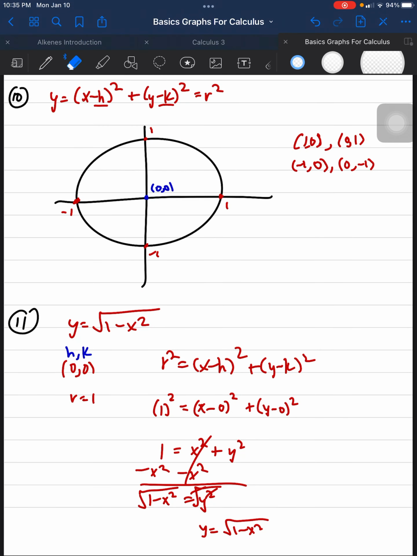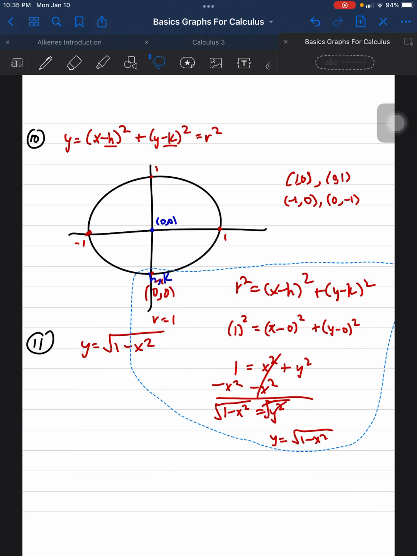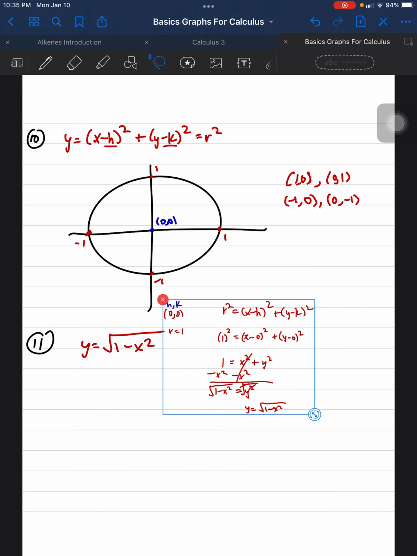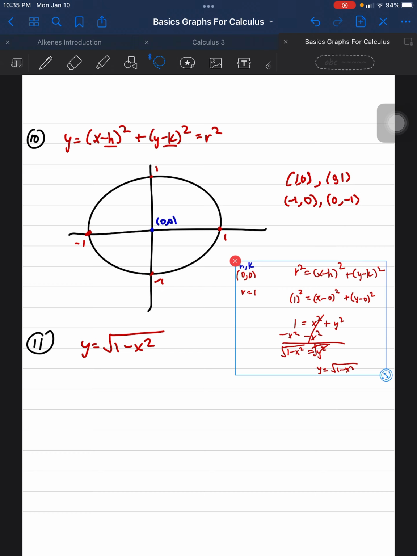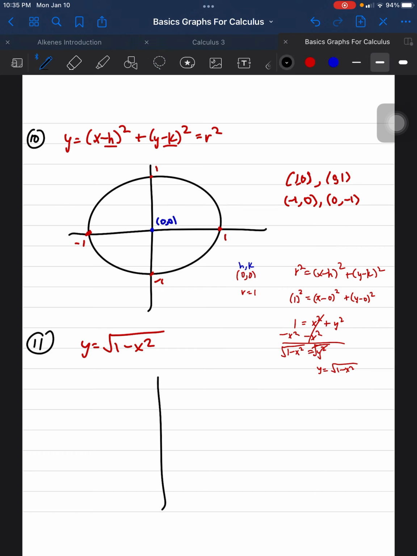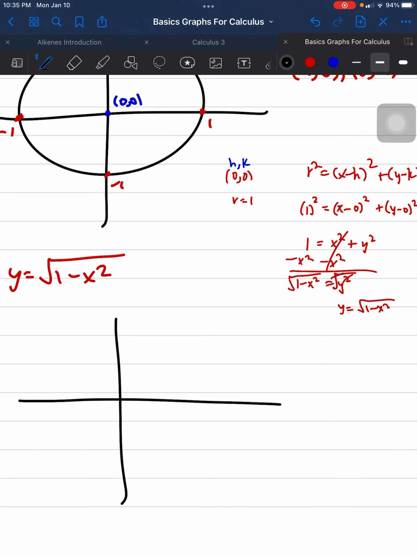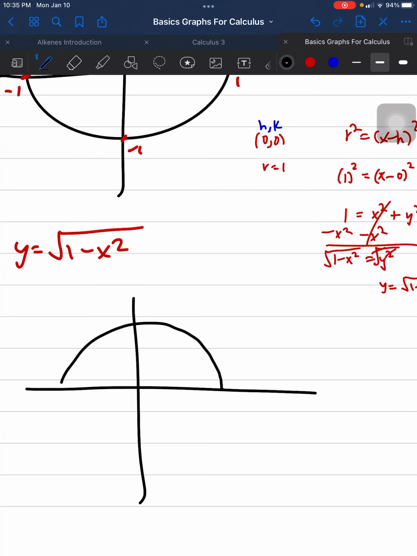Now, the graph of a semicircle looks like this. And boom, it just looks like that.